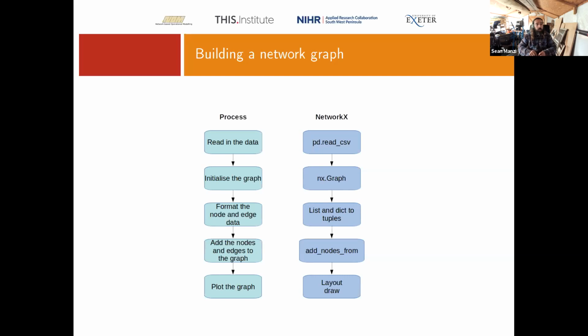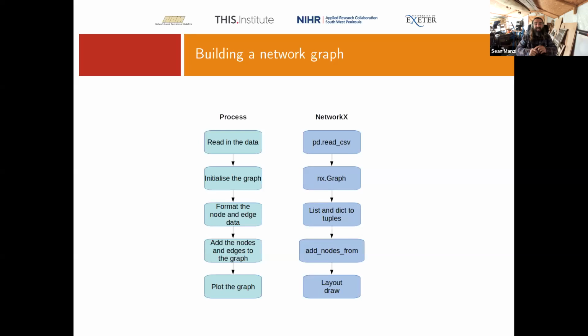Then we format the node and edge data so that it is in the correct format for the library that you're using to be able to read. And then we add the nodes and the edges to the graph object. And then finally, we just plot it.